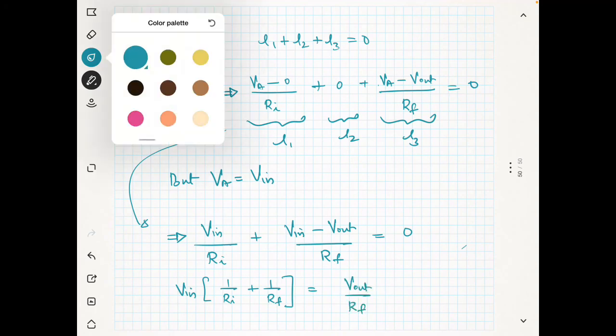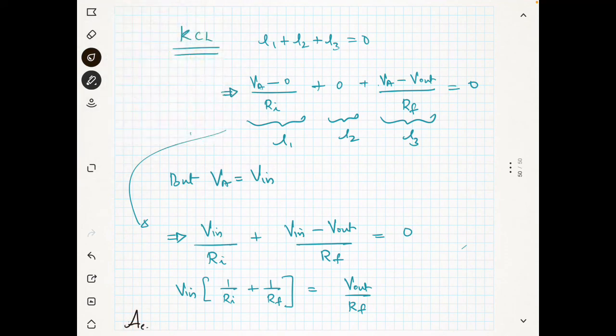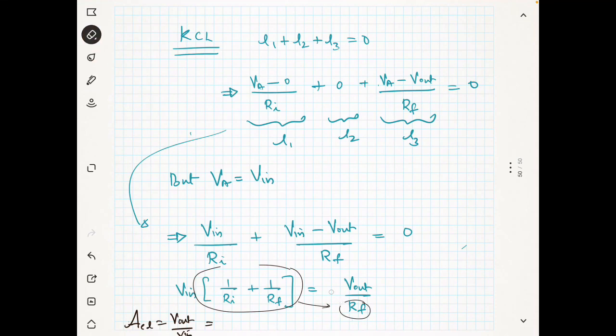But I want the expression for the closed loop gain, which is equal to V out by V in. So I will move V in down and move Rf to the top.